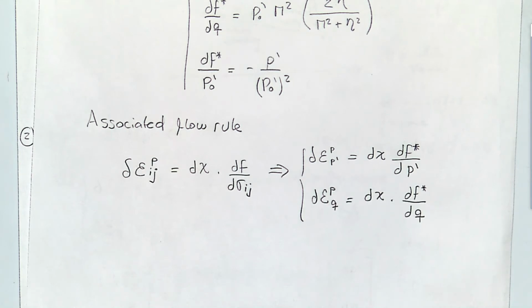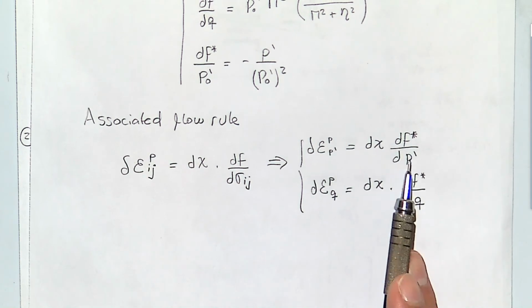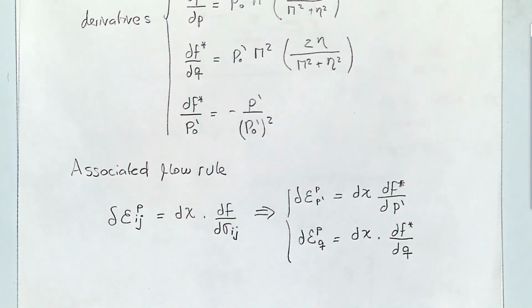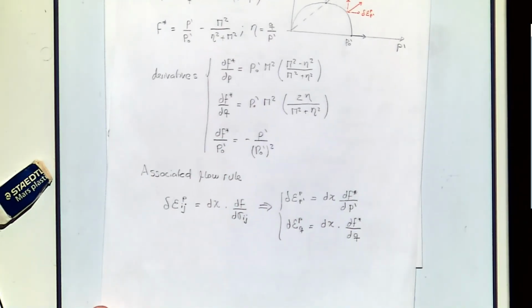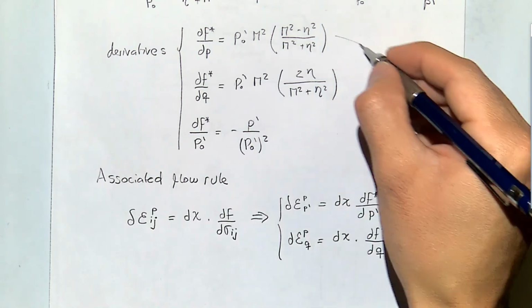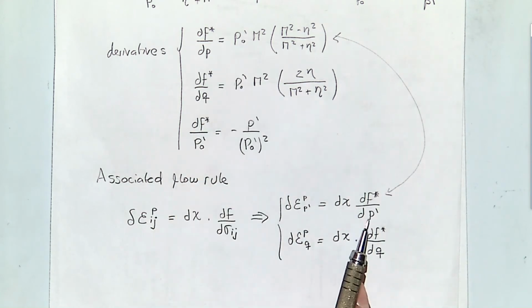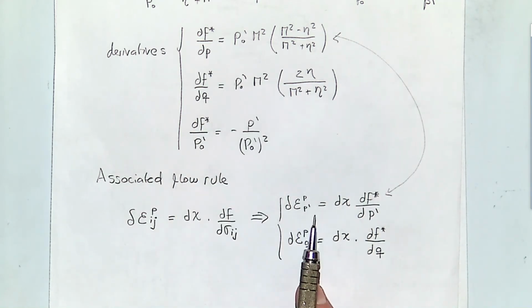Okay. So I know what that derivative is. It's over there. I'm not going to write it again, but I can put this one next to that one, and I can get the value of the plastic strain.